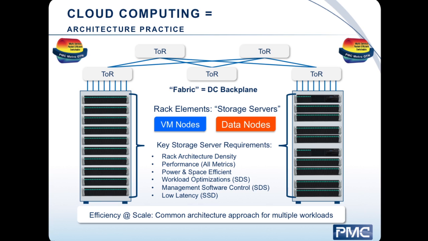But we also need to be able to run multiple types of applications. So that means that technology, say from PMC, needs to be able to address many different workload patterns. So we need to address low latency performance, high throughput, and then obviously in order to scale, we need to be very low power and space efficient.